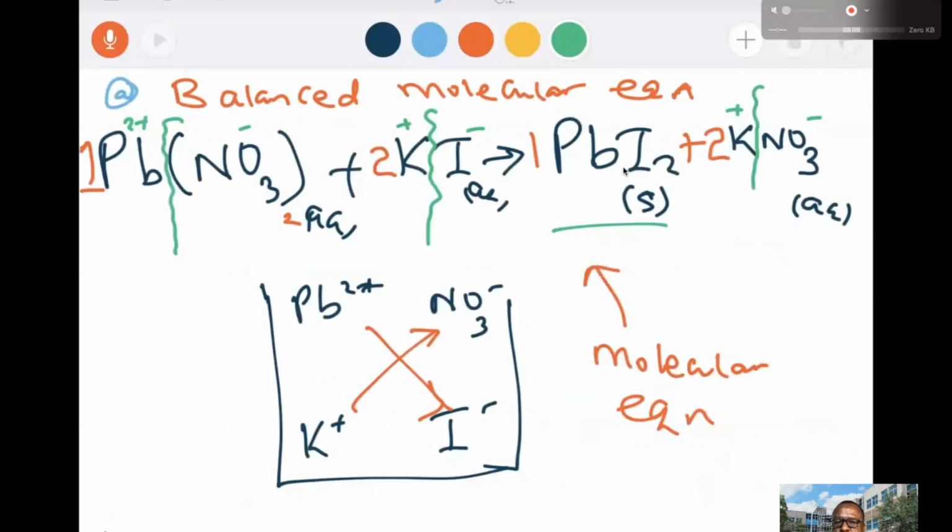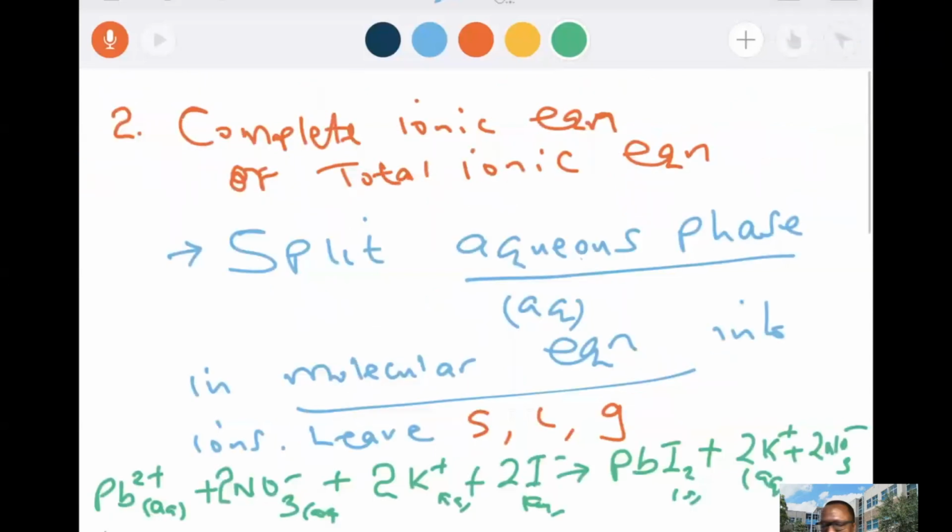We split this, and you see two potassiums and two iodide ions in the total ionic equation. We call this the total ionic equation.